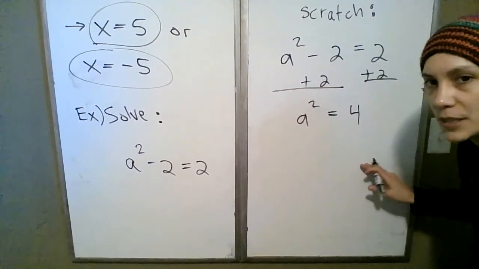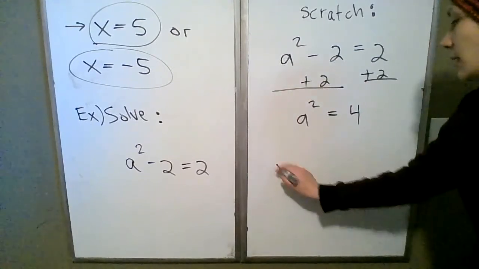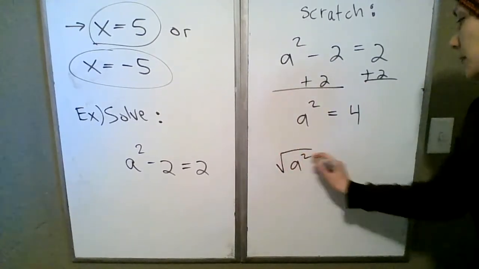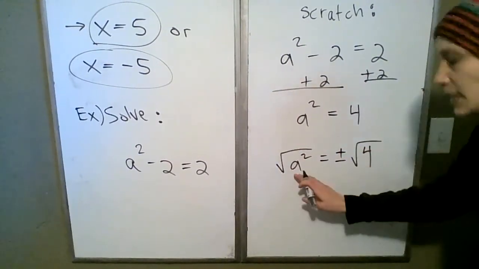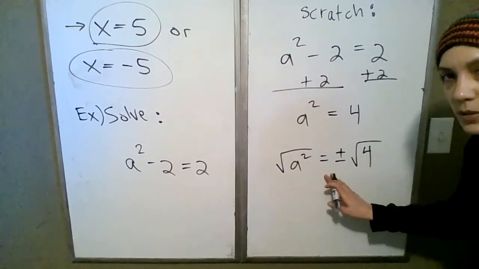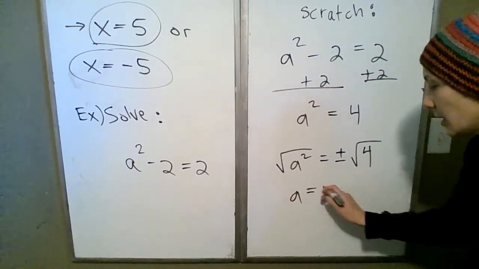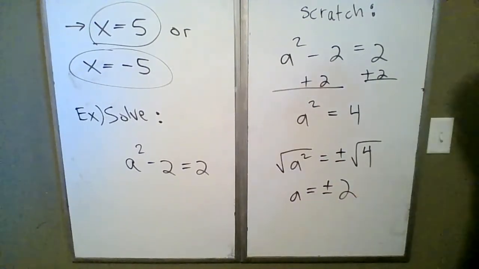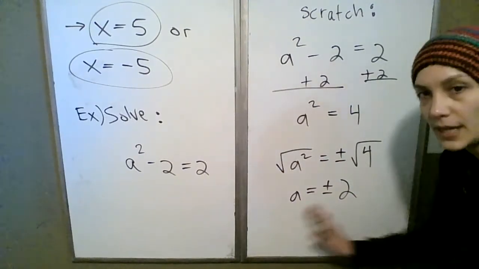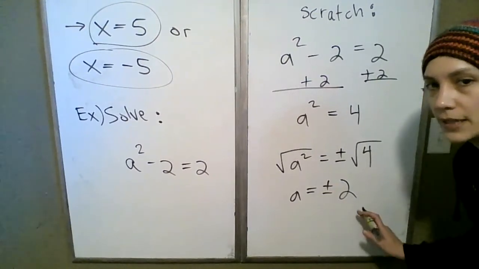I'll put a plus or minus before the root of 4. This side is a, and it's equal to positive or negative 2. So a is equal to 2 or negative 2.